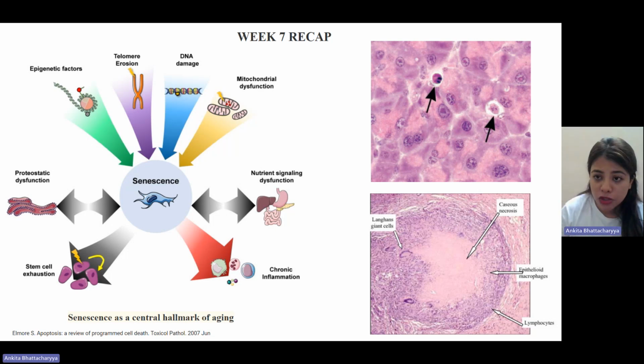Then we have DNA damage, which we just talked about, that when the DDR or the DNA damage response is kept activated for an extended period of time, then cells also enter into senescence. Then there is mitochondrial dysfunction: if a cell has erroneous mitochondria which are not properly functioning, it is affecting the growth and the production of energy.